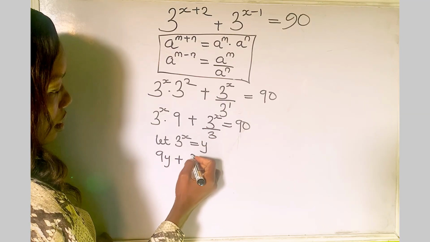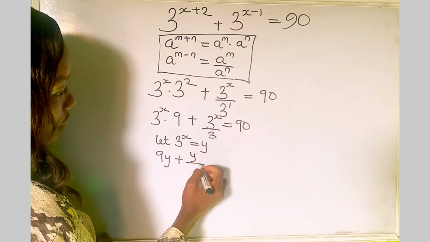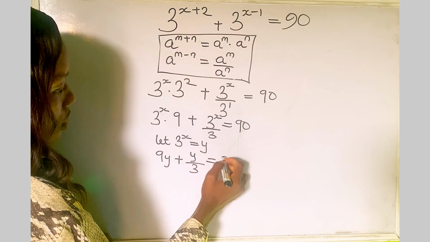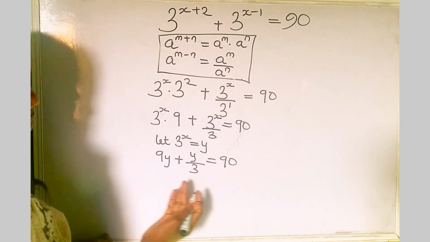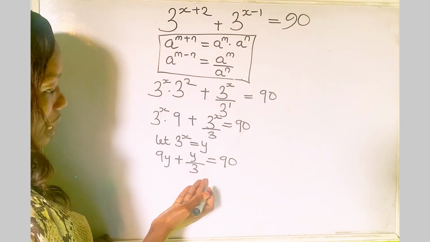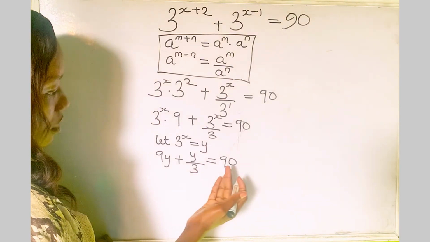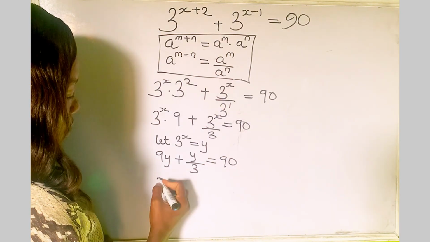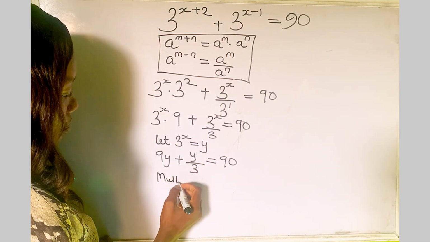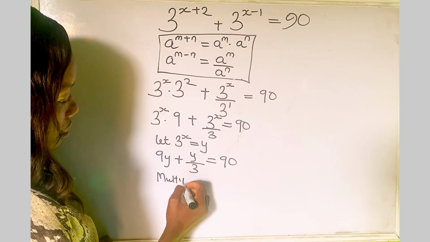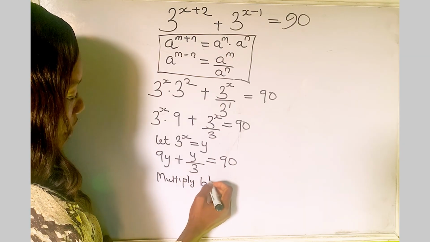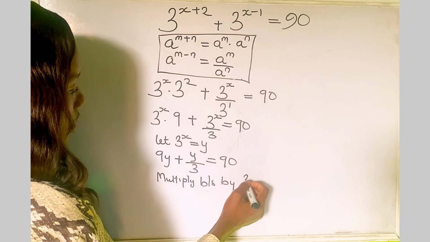plus y over 3 is equal to 90. Now, let's eliminate the denominator and multiply both sides by 3. So, multiply both sides by 3.